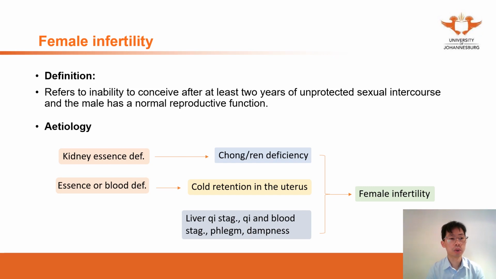In the treatment of fertility, we must emphasize age. For females, the ability to conceive declines after the age of 30. After the age of 40, it's even more difficult. That's why for infertility, the earlier the treatment the better, and the younger the ladies, the better.